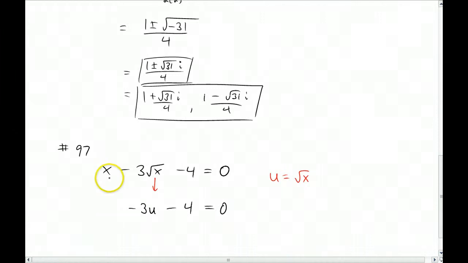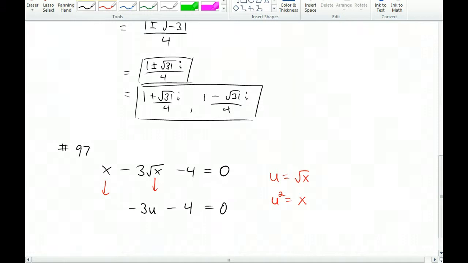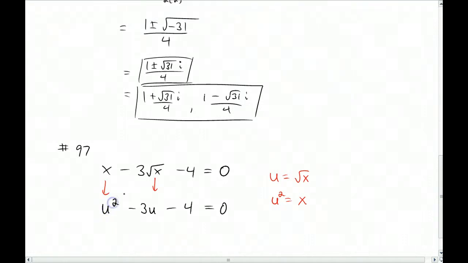I have a question though, what happens to this x? Well, you would have to notice that to get x in this substitution, you'd square both sides. So you could get x is u squared. And then x right here becomes u squared. And now you can kind of see why we made that substitution in the first place.